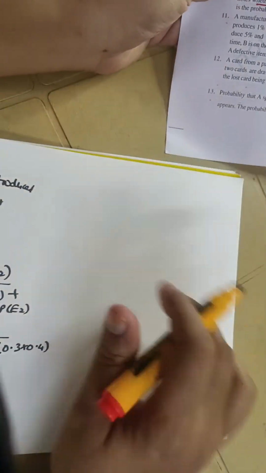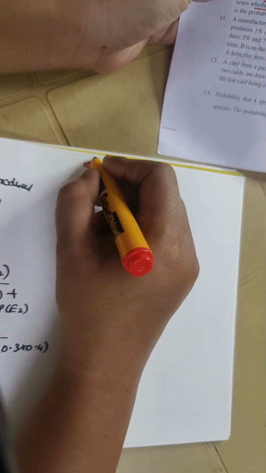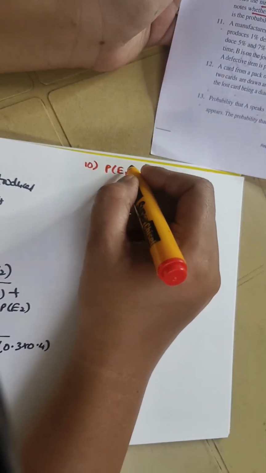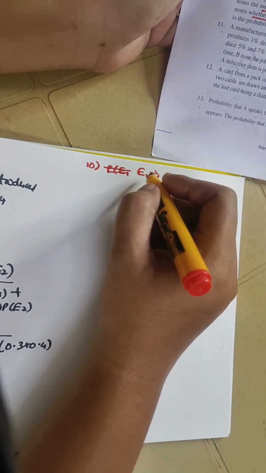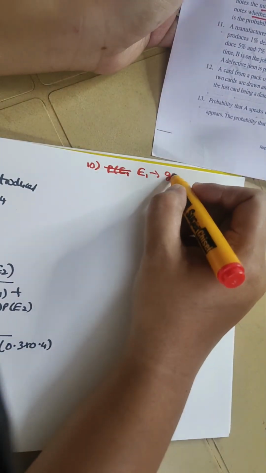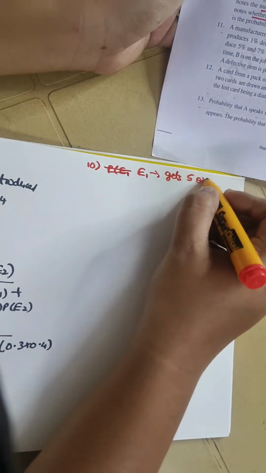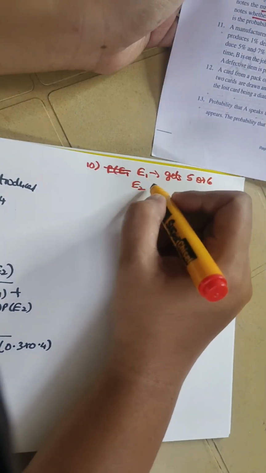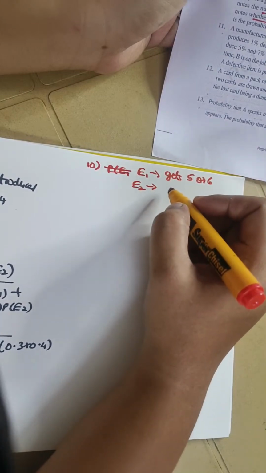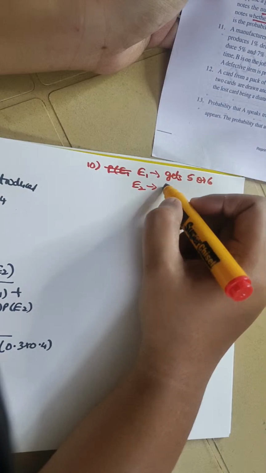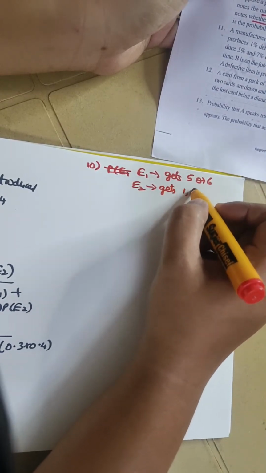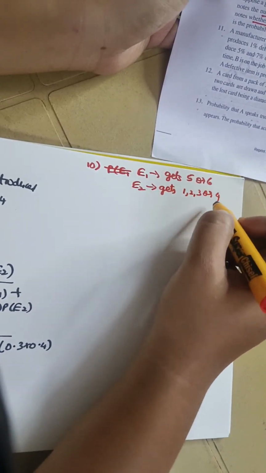So in the 10th question, let E1 be the event that the girl gets 5 or 6. That is the main part. Let E2 be the event that the girl gets 1, 2, 3 or 4.